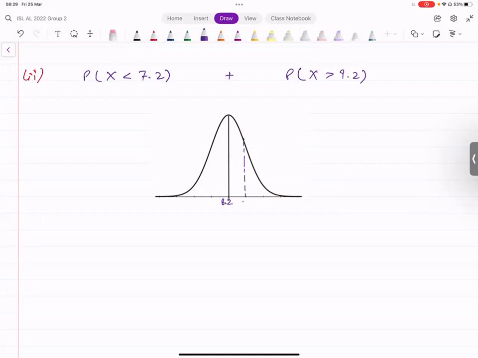Let's say यहाँ पे कोई value थी 9.2 और इधर की value थी 7.2.